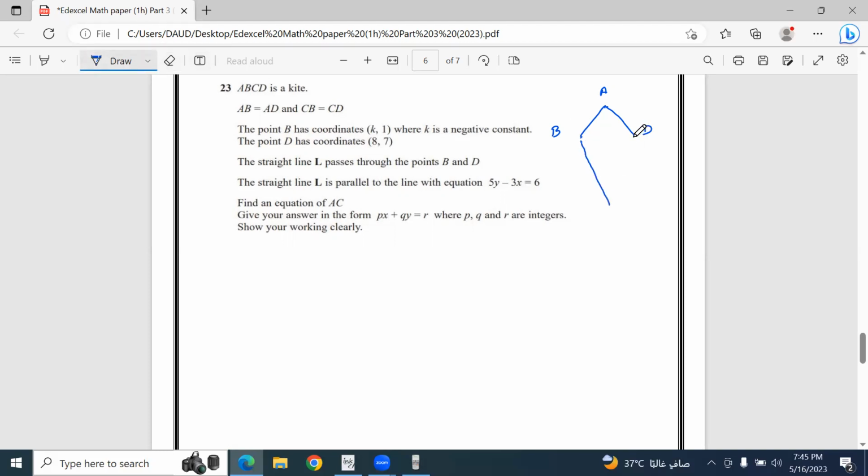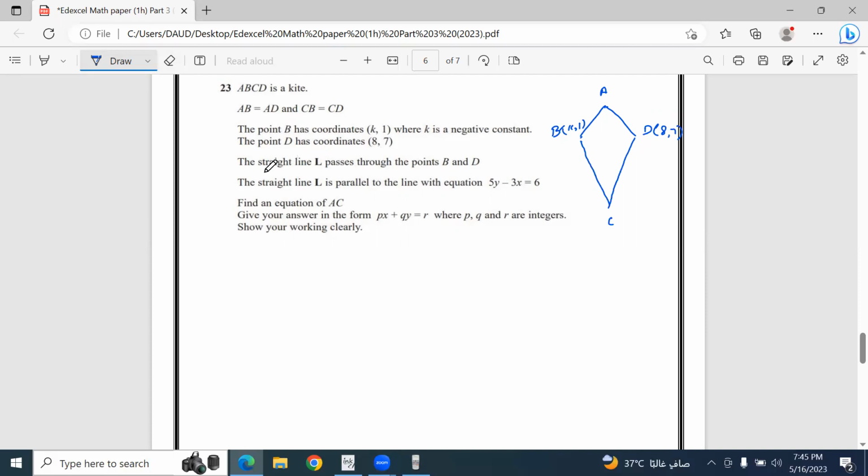Just draw to understand. This is point C, and we know that point B is given, which is (k, 1), and the point D is also given, it is (8, 7).